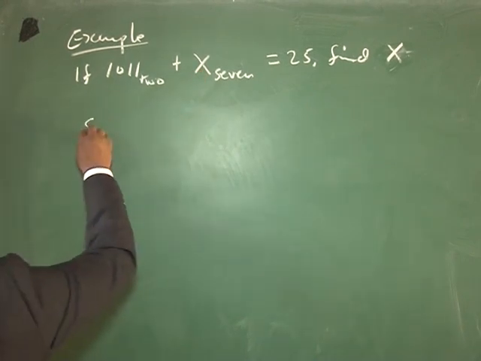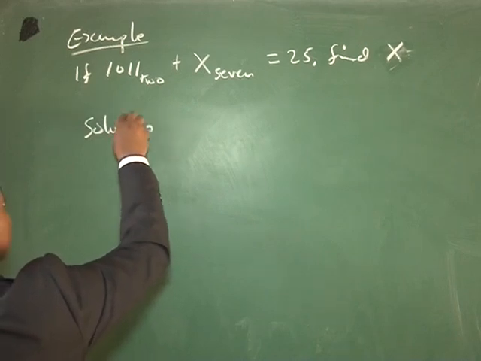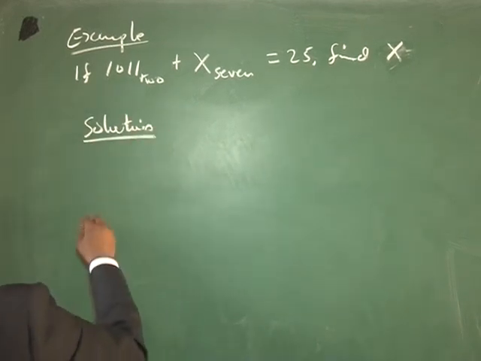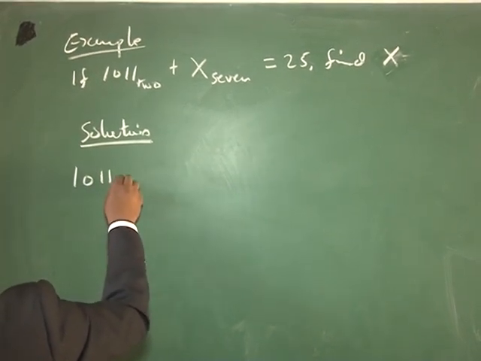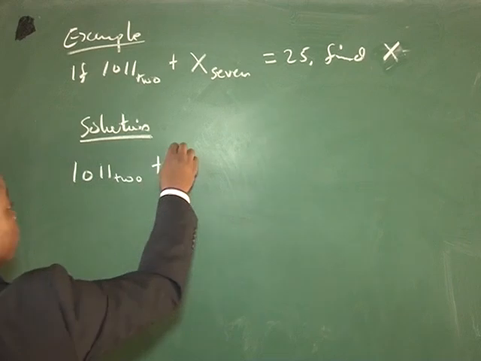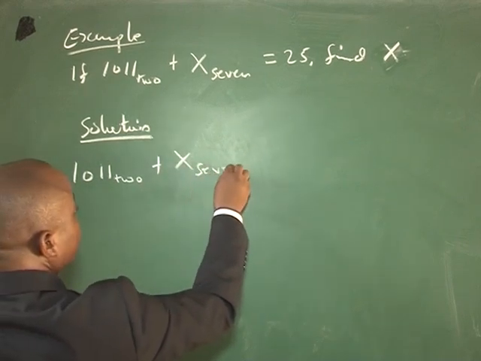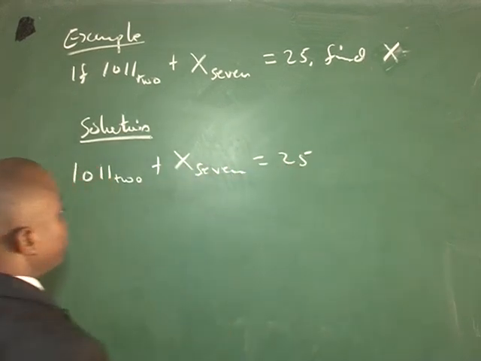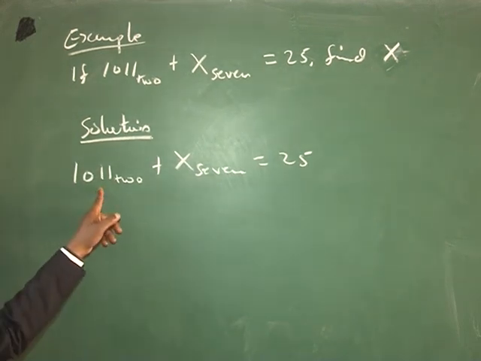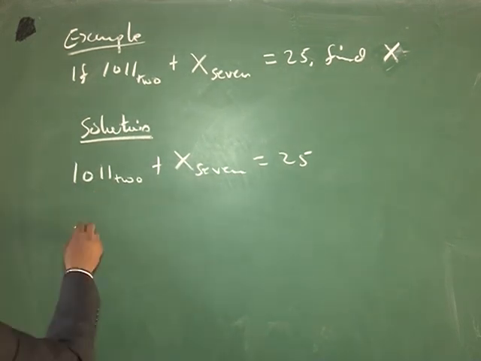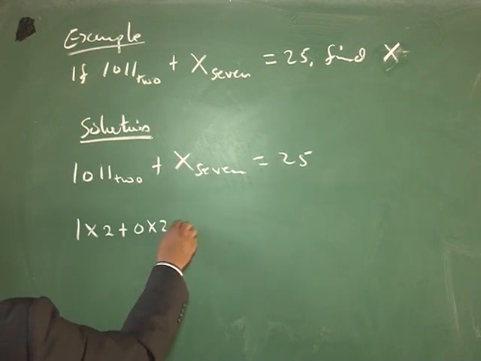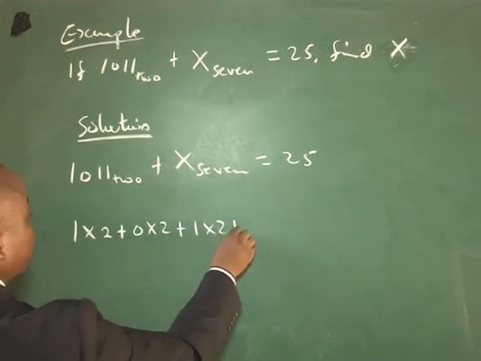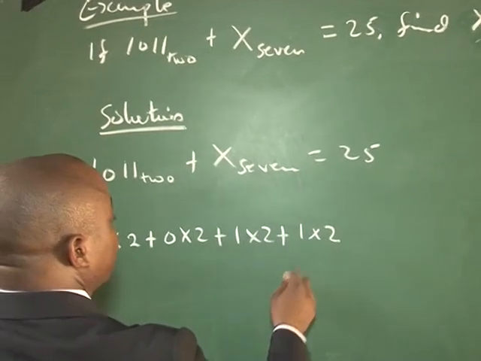So, our usual process, we have 1011 in base 2 plus x in base 7 equals 25. So first, we'll convert this to base 10. 1 times 2 plus 0 times 2 plus 1 times 2 plus 1 times 2.